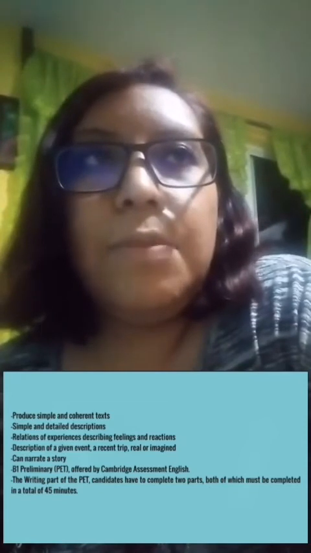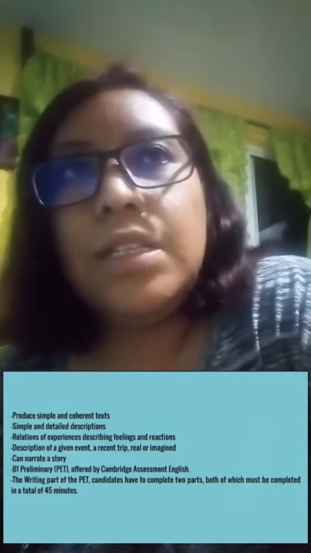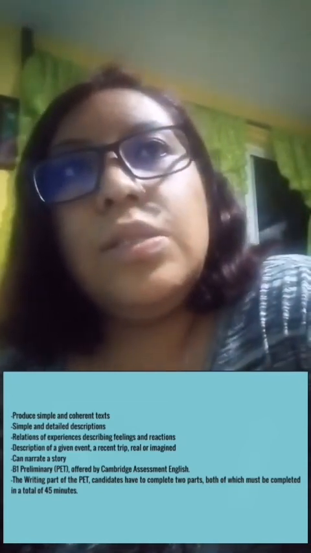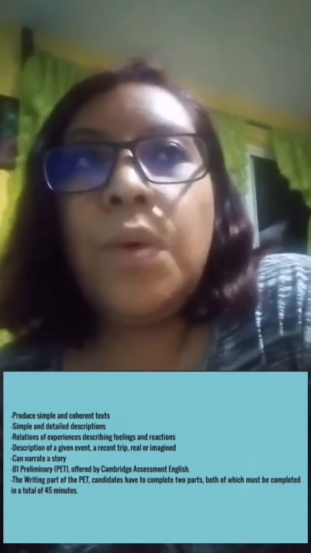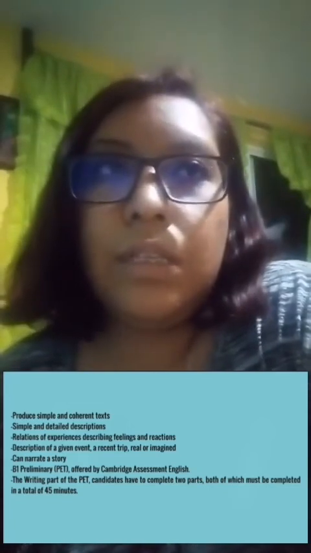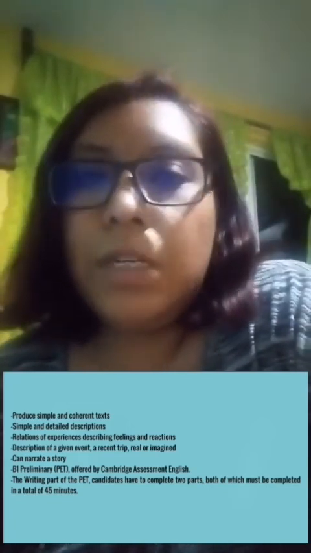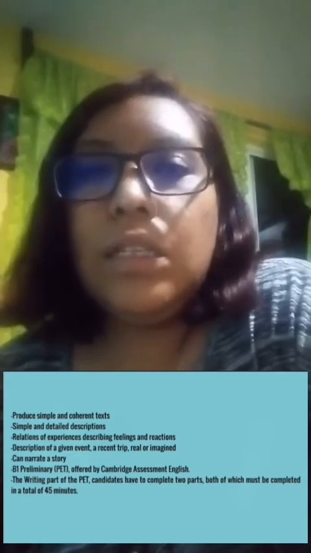Both parts are more or less traditional writing tasks, as you can see below. In part 1 you write an email, and in part 2 you write an article or a story.